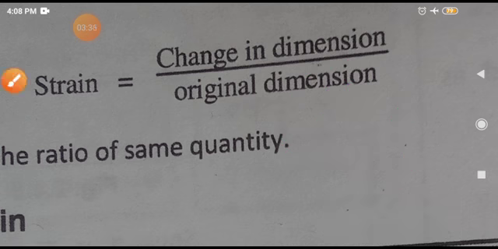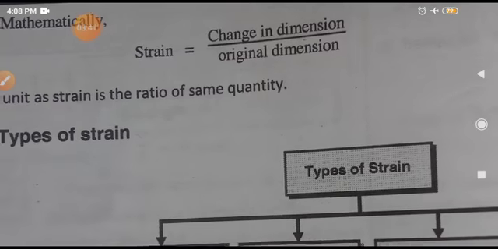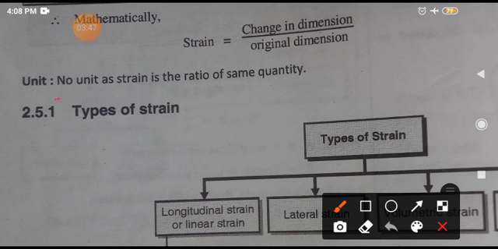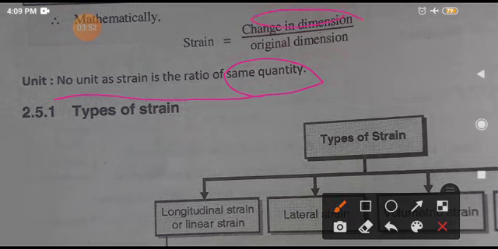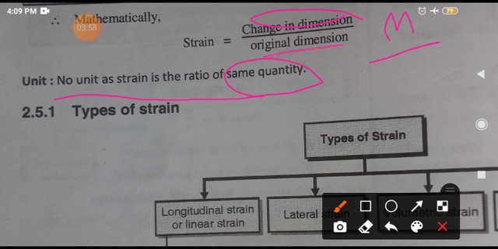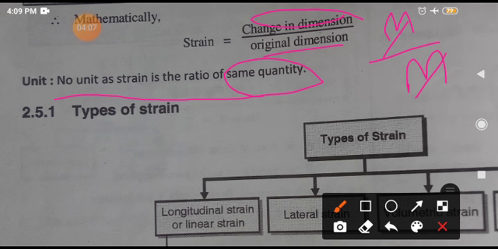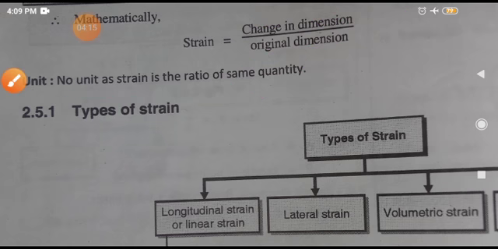Therefore strain is defined as the ratio of change in dimension to the original dimension. Now if we look for the unit, there is no unit, as strain is the ratio of the same quantity. If the change in length is in meters, and the original dimension of that rod is also measured in meters, then the meter gets cancelled, so there is no unit of strain, as it is the ratio of two same quantities.